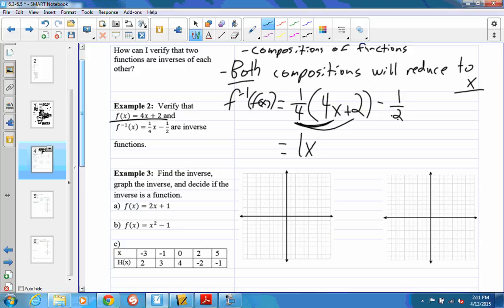What's 1/4 of 2? 1/2, right? So plus 1/2. Here's my negative 1/2. That leaves me with just x. So these guys cancel, right? And that is an inverse. Why? Because they both reduce to x. Both of my compositions reduce down to x, so this is an inverse function.